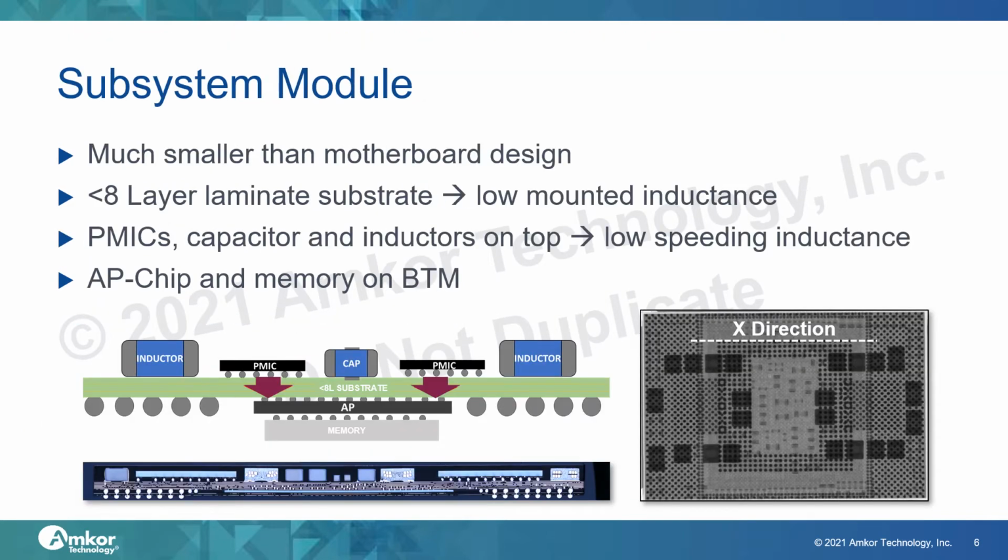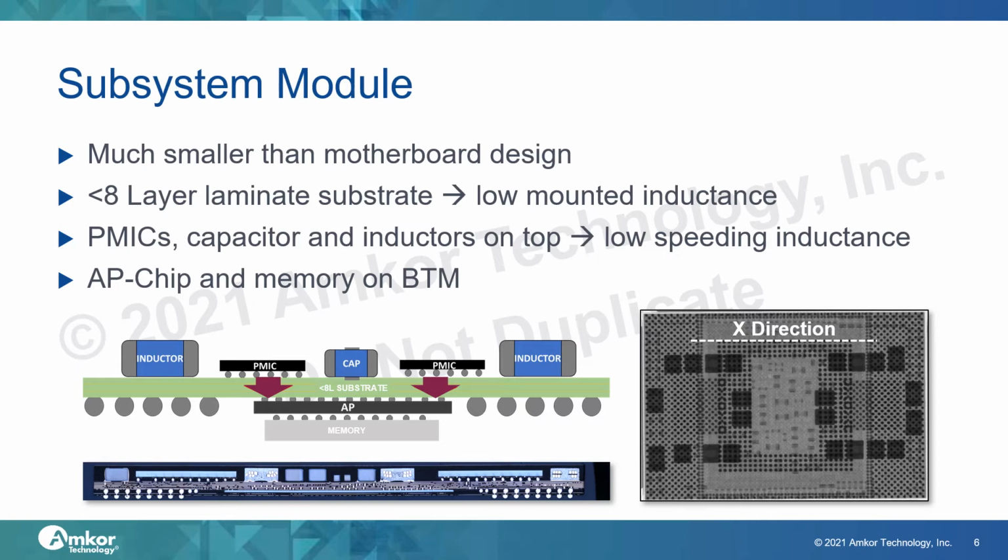This is a cross-section that shows a subsystem module. It is much smaller than motherboard design DSCP, and it uses ultra-thin 8-layer substrate with a thickness less than 400 micron. Caps and inductors were mostly placed on top layer since BGA balls were populated on bottom layer.